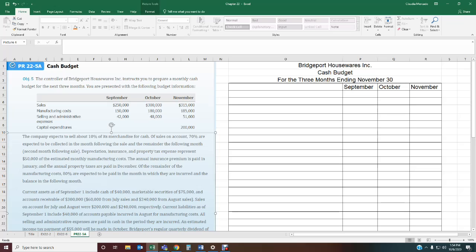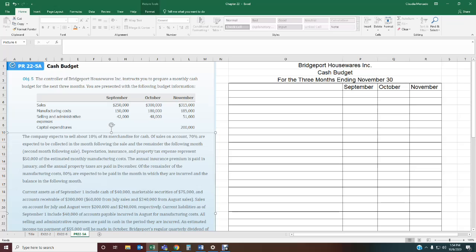Of any sales on account, which is anything remaining, 10% are cash sales, 90% are sales on account. Of the 90% sales on account, 70% are going to be collected the month following the sale, and the remaining the following month, the second month following the sale.